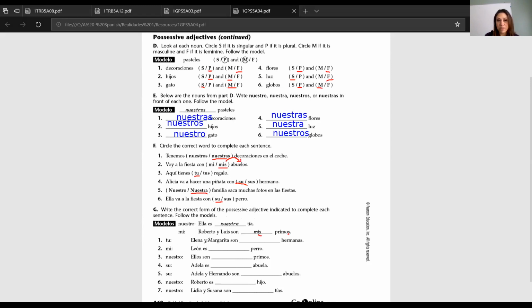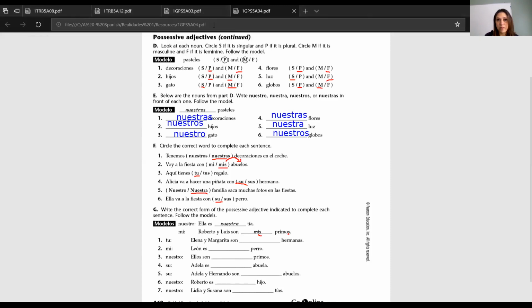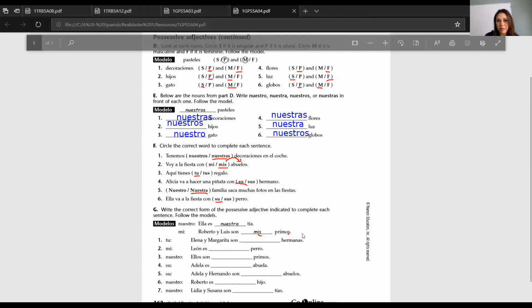Go ahead, Joshua, do these. Elena y Margarita son tus hermanas. Good. It would be tus because it is plural. Let's just say what they are and continue.